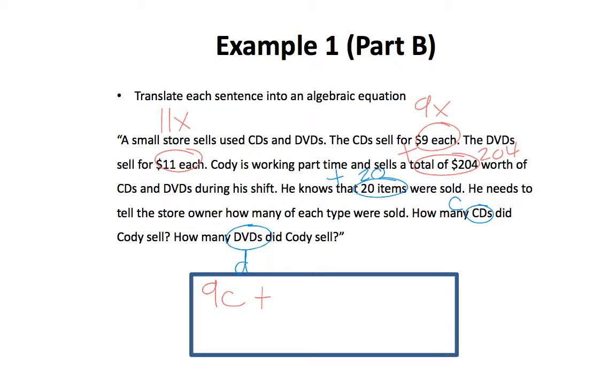And DVDs are $11 each, so it's $11 multiplied by the number of DVDs sold. So it's 11 times D. And the total is $204. The second equation is going to look like this. The number of CDs and DVDs sold adds up to 20. Therefore, C plus D is equal to 20.